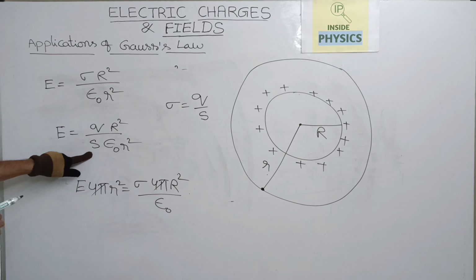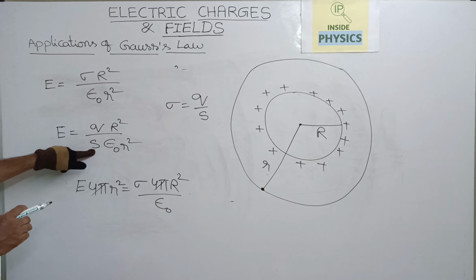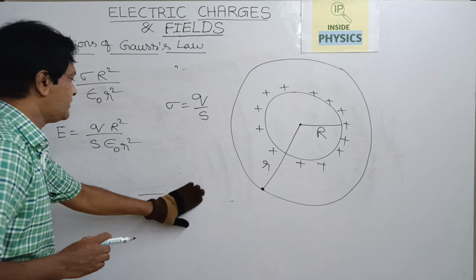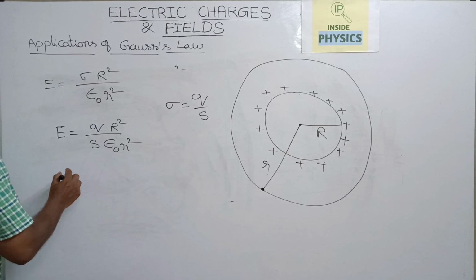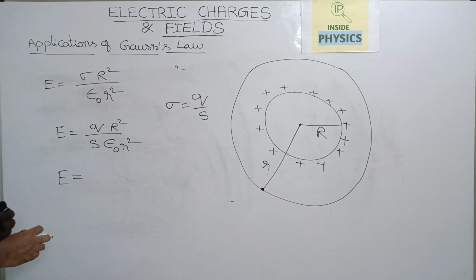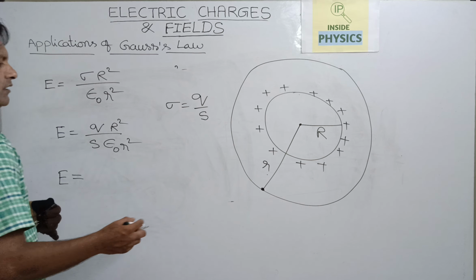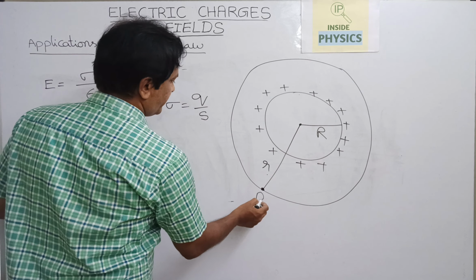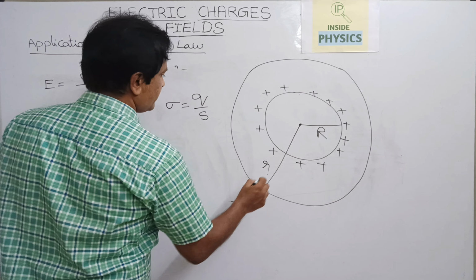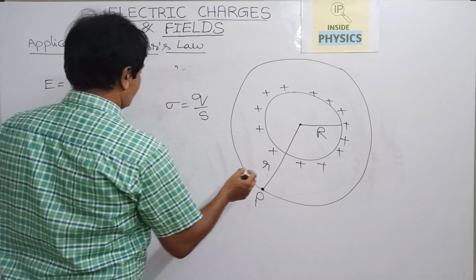So what is S? Again 4 pi R square. S is the surface area of the charged body. So here finally we will get the electric field due to a charged sphere at a point P outside the sphere at a distance small r.